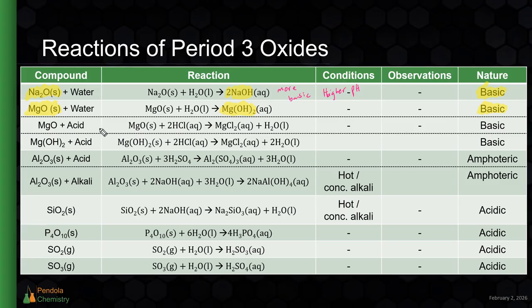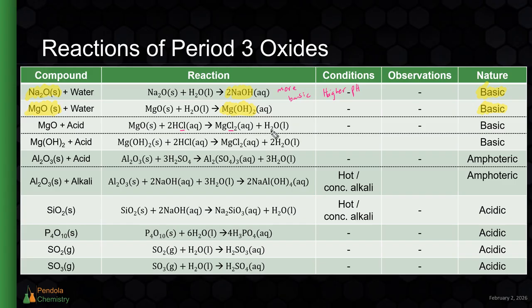Now, magnesium oxide is also going to react with acids. When magnesium oxide reacts with an acid, it is going to create the magnesium ionic compound with the anion of that acid. So in this case, if we use hydrochloric acid as an example, we make magnesium chloride. If we use nitric acid, we will make magnesium nitrate. If we use sulfuric acid, we will make magnesium sulfate.